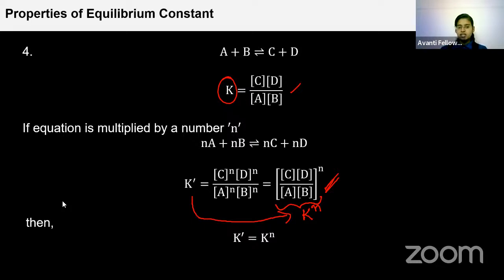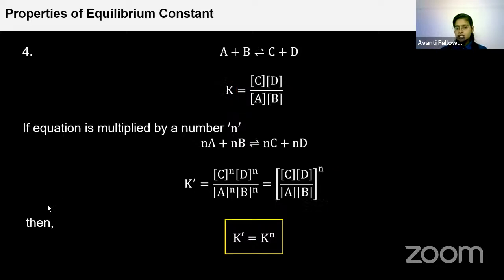All right. Are you all able to understand the simple relation? If I am reversing the equation, I have to take the reciprocal. If I am multiplying the equation by some number, that has to go to the power. That's all. K dash is equal to K to the power n. Okay.